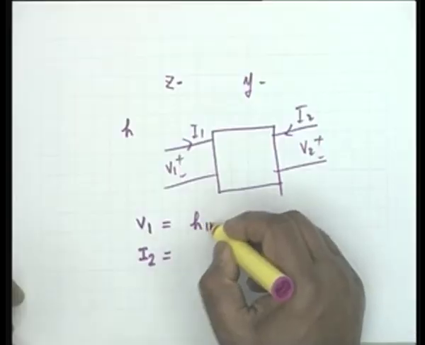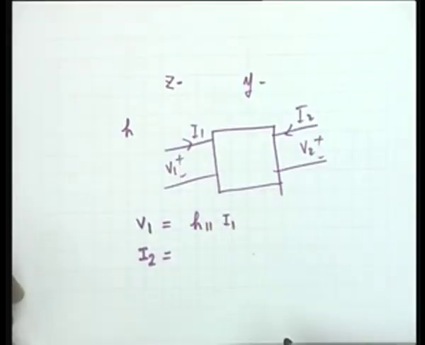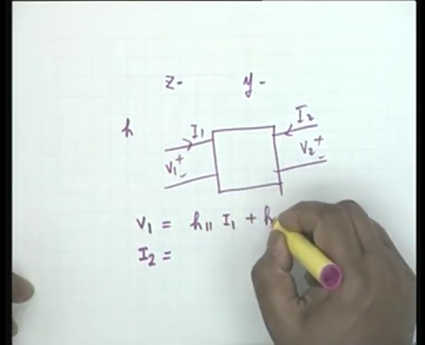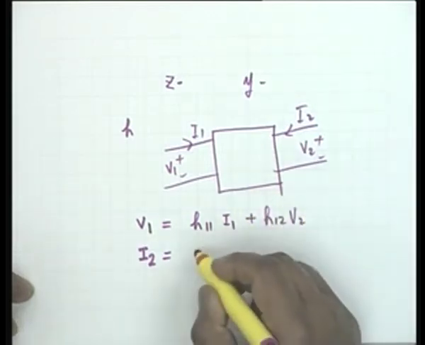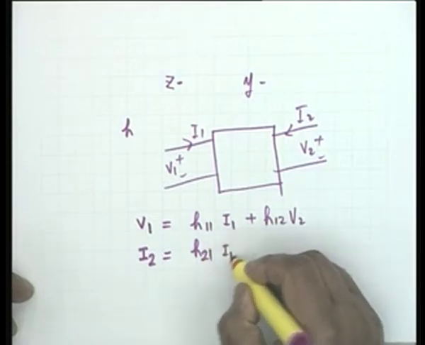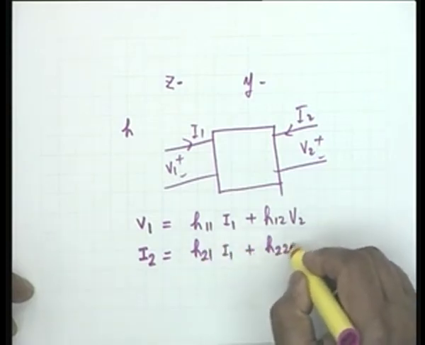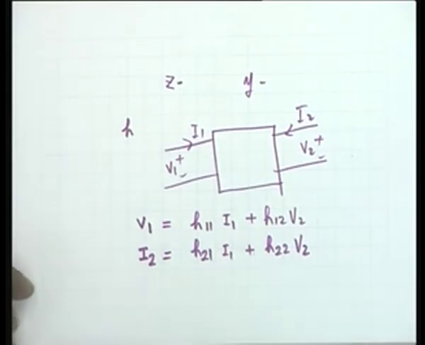The quantities are written as H11 I1. The independent parameters are I1 and V2. So, H12 V2, H21 I1 plus H22 V2. These are the 4 parameters.